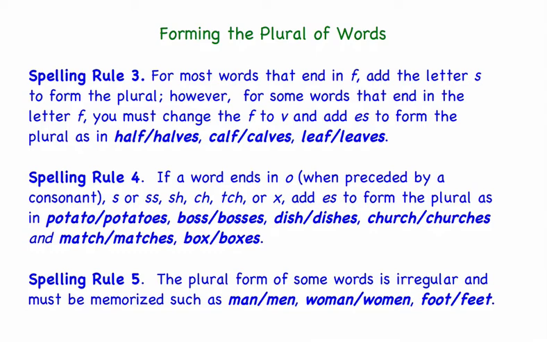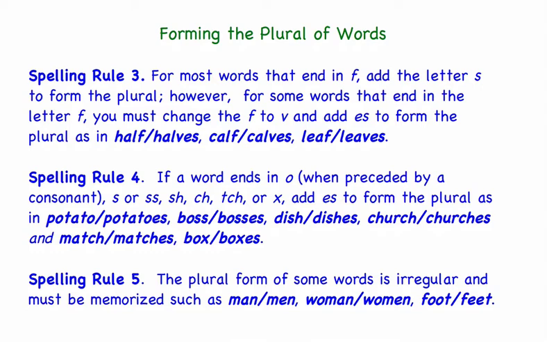In potato, you have a consonant plus the O at the end of the word. When that happens, to form the plural, you add ES. In the word boss, the word ends in SS. So if a word ends in SS and you want to form the plural, add ES. Or if the word ends in S.